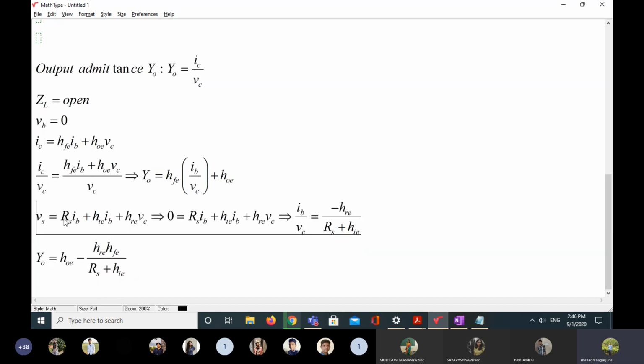Why? Because with the input source, one extra component is there, that is RS into IB, and you substitute here. If you take IB common from these two terms, the result is IB into RS plus HI. Previously it was only HIE. Now one more component is added, the source resistance RS. So the final equation is Y0S equal to IC by VC, that is equal to HOE minus HRE HFE by RS plus HIE.